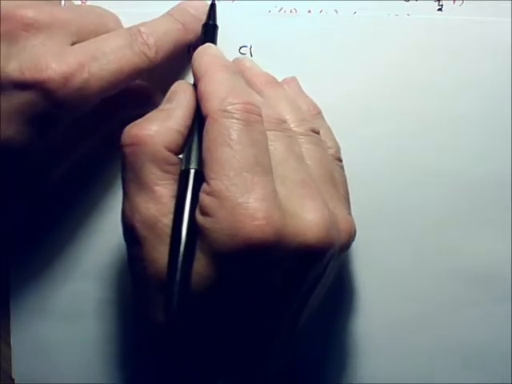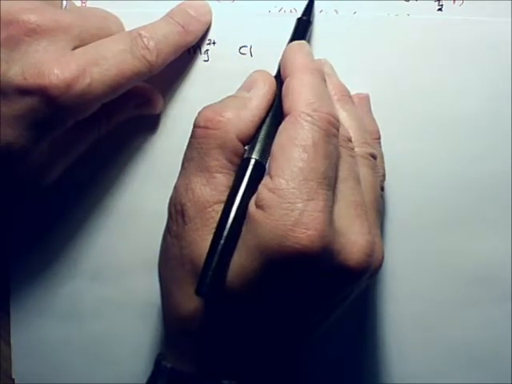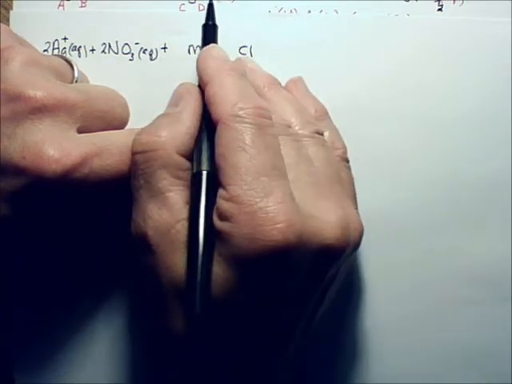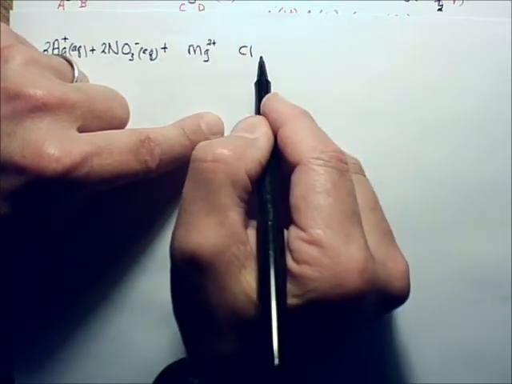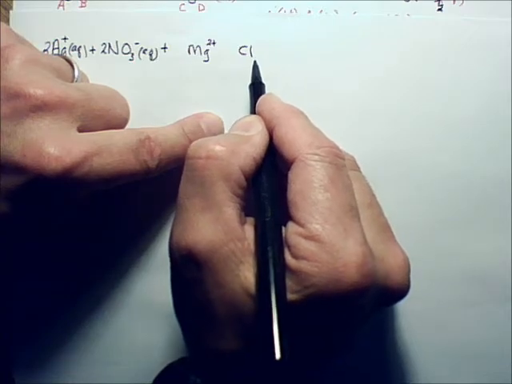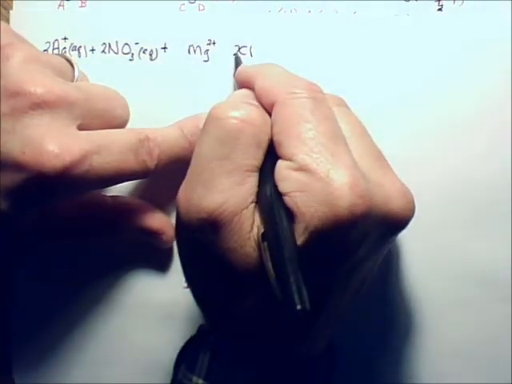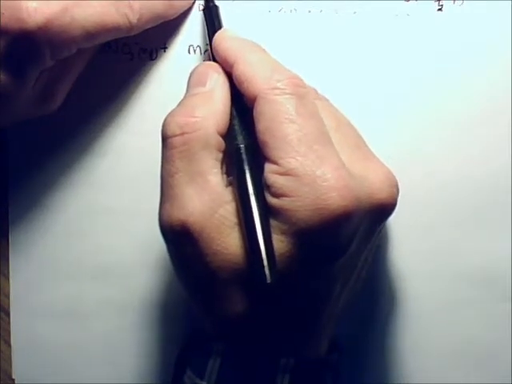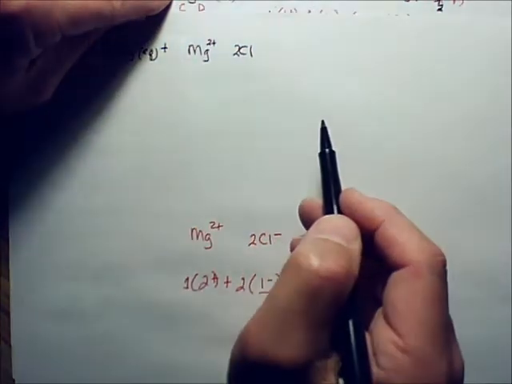Okay? So this subscript doesn't travel. Well, it doesn't travel down here either. Okay? It happens that there are 2 of them, but we don't put a subscript down here. We show it as 2 separate ions because those 2 separate ions have broken free from each other and from the magnesium.